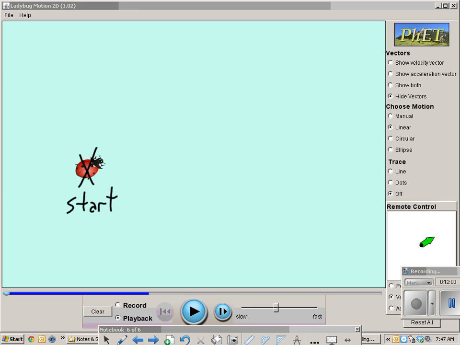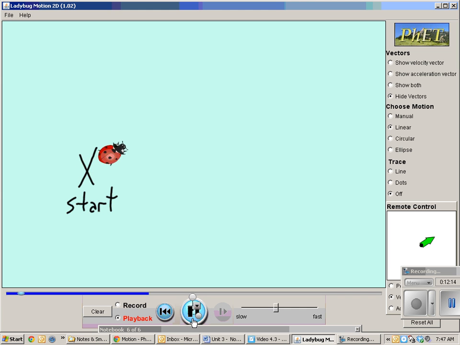So ready, set. Okay, 1 Mississippi, 2 Mississippi, 3 Mississippi, and so on up to 10 Mississippi.